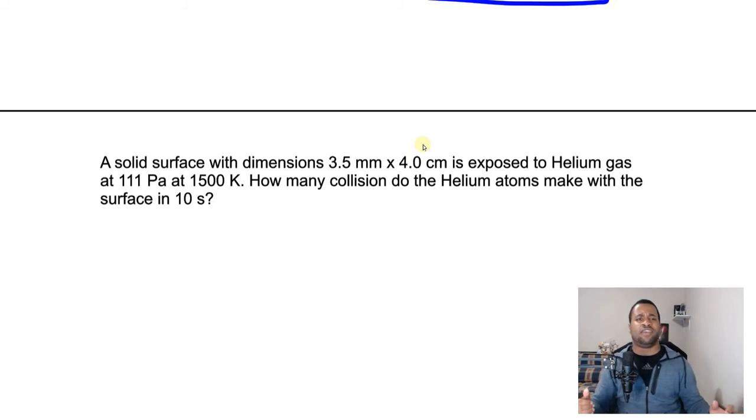Looking at this question, it says that a solid surface with dimensions of 3.5 millimeters by 4 centimeters is exposed to helium gas at a pressure of 111 and a temperature of 1500.